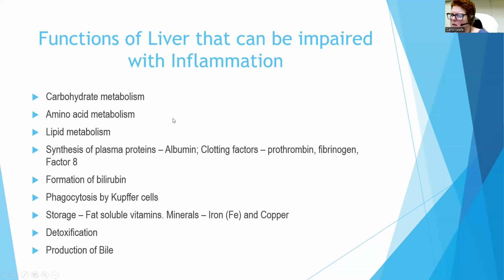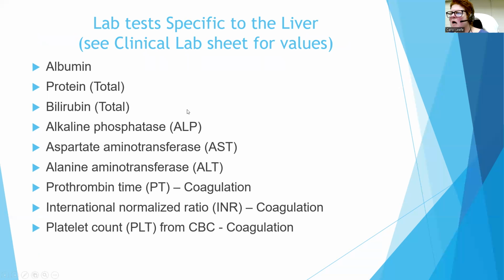All right, so that's the liver. So lab tests that are specific to the liver, and you need to see the clinical lab sheets for the values. Again, albumin, like I mentioned, total protein, total bilirubin, alkaline phosphatase, which is ALP, aspartate aminotransferase, which is AST, alanine aminotransferase, which is ALT, prothrombin time, or PT, which has to do with coagulation.